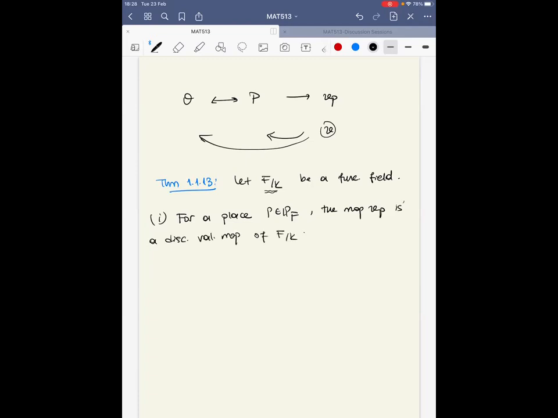That means it satisfies 5 axioms of this map. And moreover, the elements of O_P satisfy this inequality.